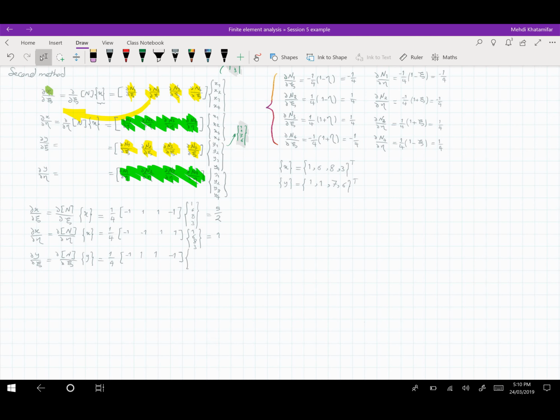The only difference is going to be the y vector, which is 1, 1, 7, 6. If you multiply this one, you are going to reach 1/4.